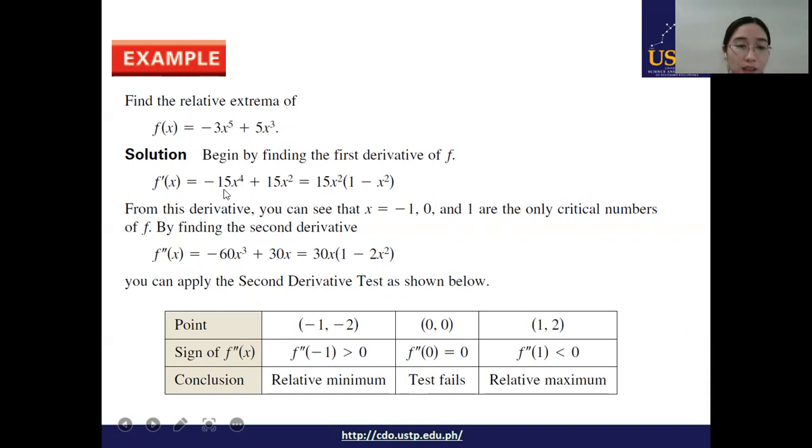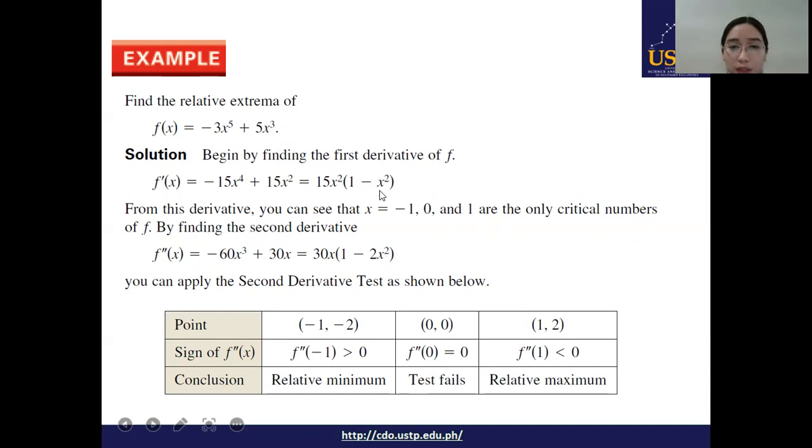So we have -15x to the 4th plus 15x squared. We factor it out and simplify, taking out x squared since it is common to both terms. So we have 15x squared times the quantity 1 minus x squared.